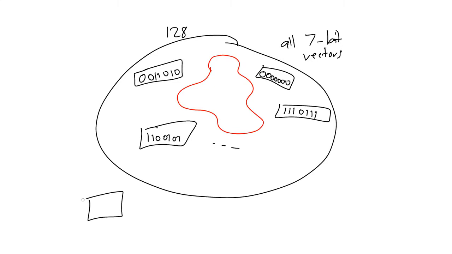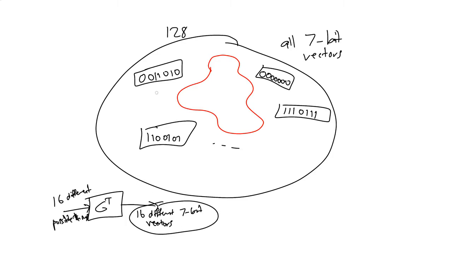Because if you think about it, we've got our G transpose thing here, right? There's only 16 different possible things that we could put in here. And we know that each of those things that we put in here is going to have one answer, right? So there's only 16 different 7-bit vectors we could possibly get as an output to this thing. There's 128 7-bit vectors.